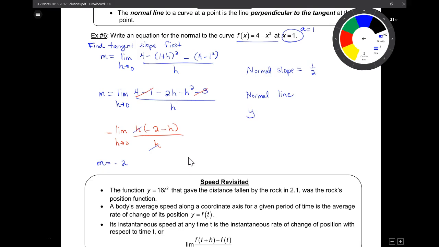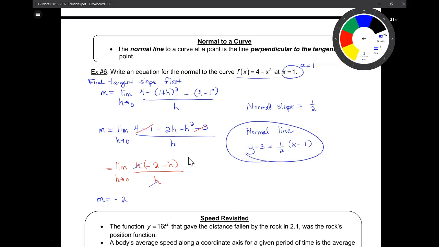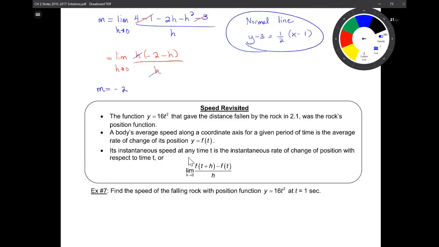So it's y minus 3 equals 1/2 times x minus 1. Good there? So our point, f of 1, would be 4 minus 1 squared, which is 3. So our point is 1, 3.